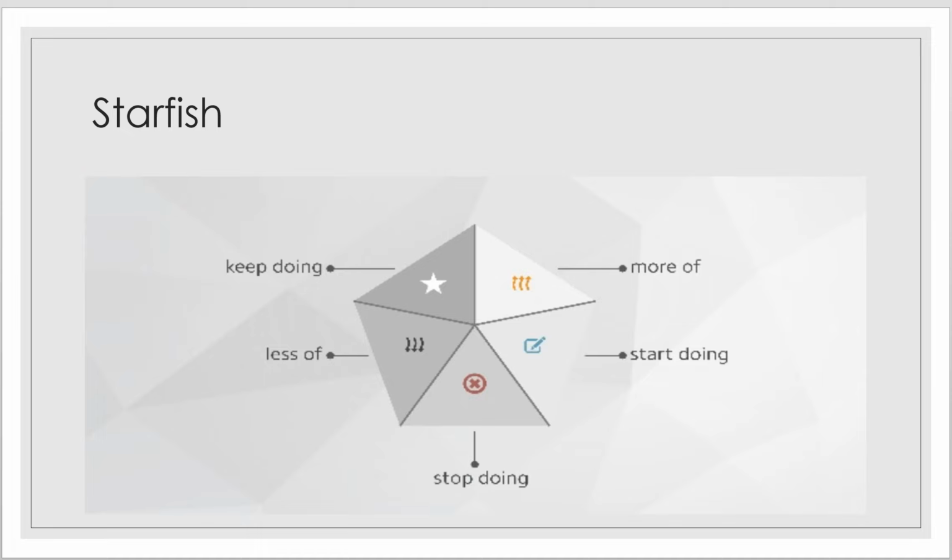What is something that you are doing but doing less of, so that if you do more of it, it could be more efficient for the team? What is something that you feel the team should start doing? What is something that's not working out for you, where you should make some changes to that process or stop doing it completely?